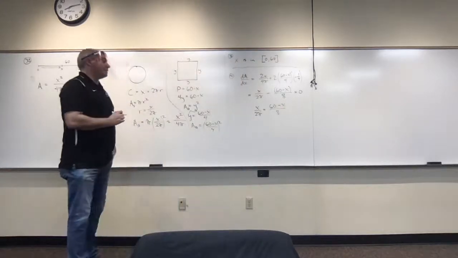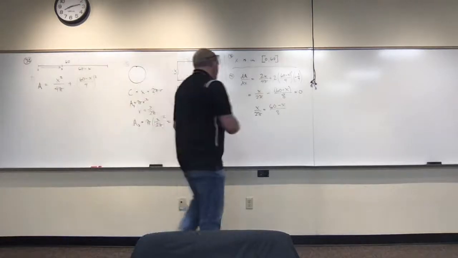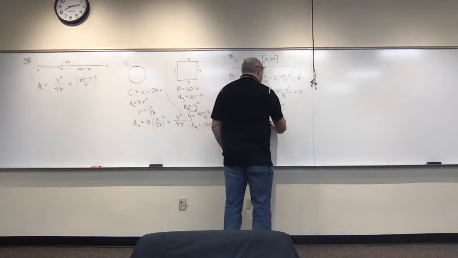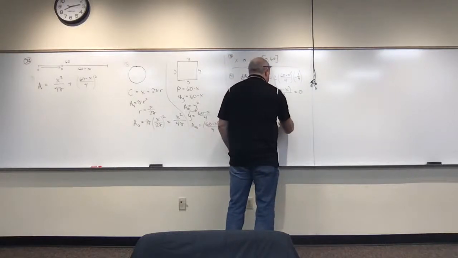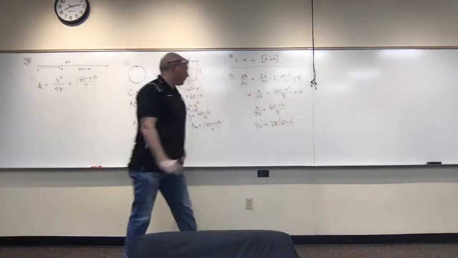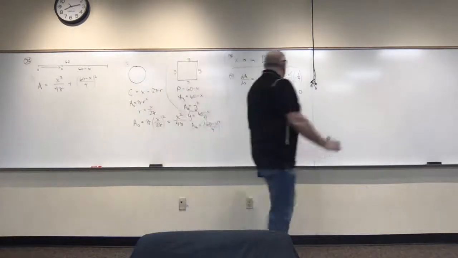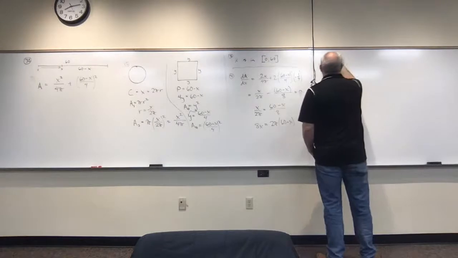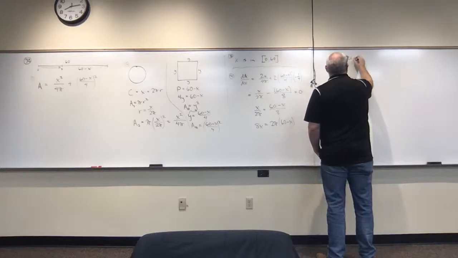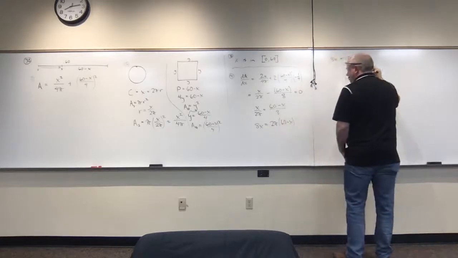Now we could cross multiply this thing. If we do, I get 8x is equal to 2 pi times (60 minus x). Or we get that 8x is equal to 120 pi minus 2 pi x.